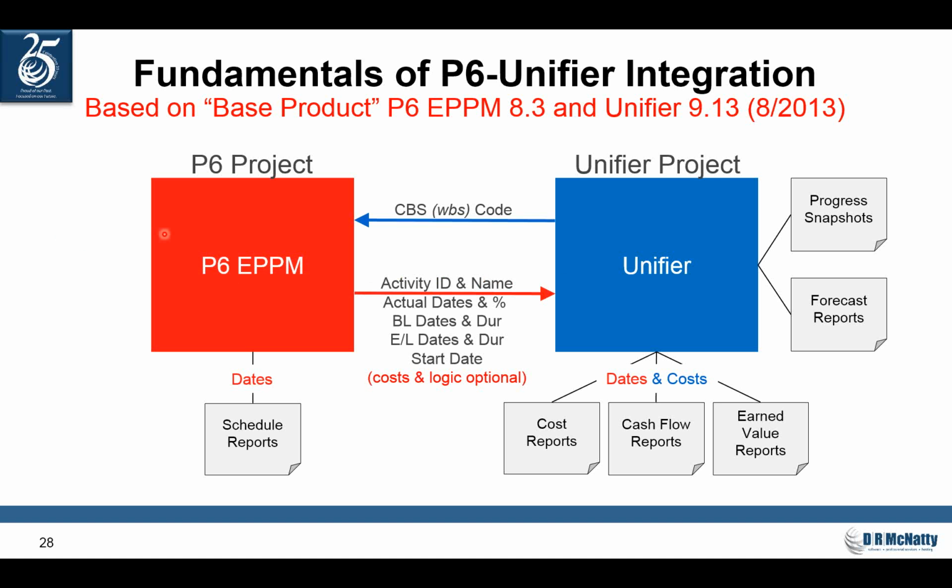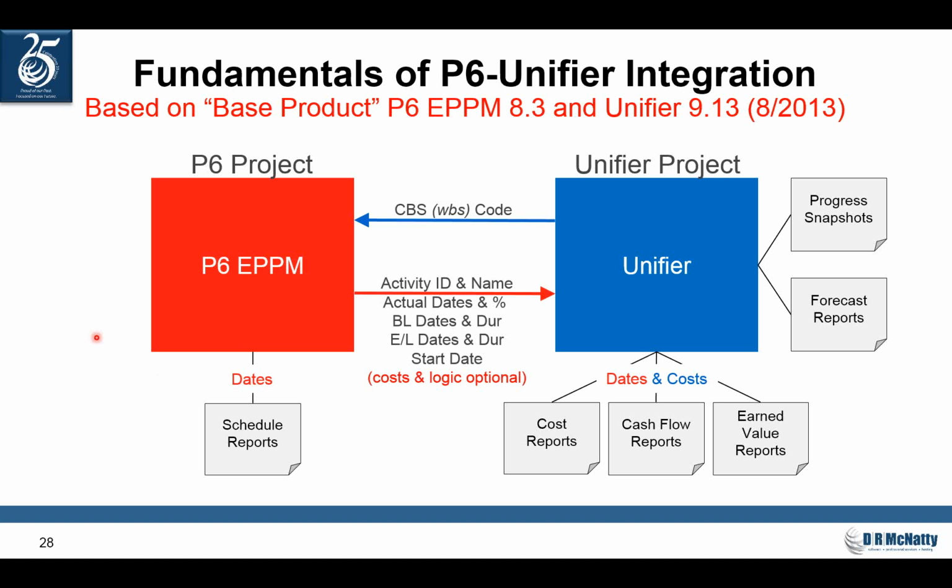Okay, so in P6 I can see the Unifier WBS code, which P6 calls the CBS. I can see it. It's not bringing any cost information over. All I'm doing is relating an activity to a CBS code in Unifier. P6 can then send activity information, dates, percentages. You can drive earned value in Unifier from P6.